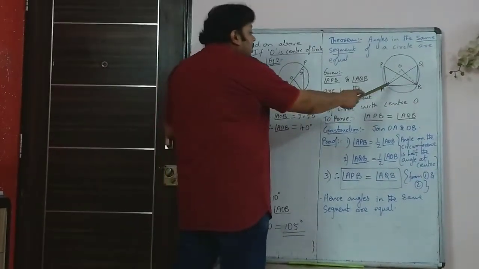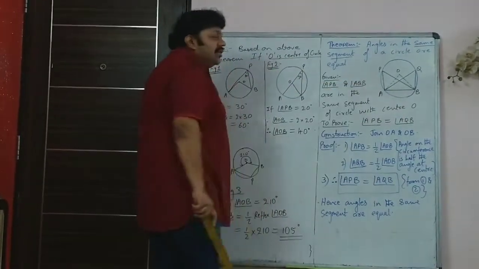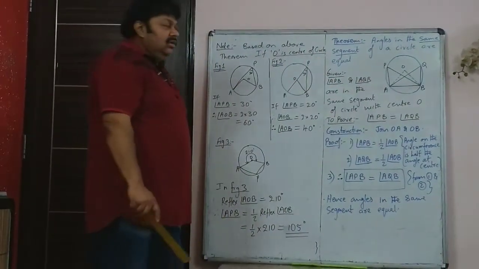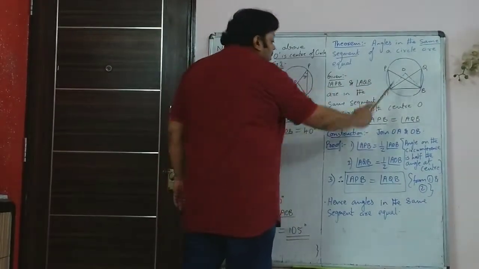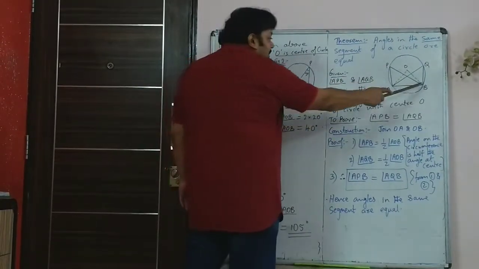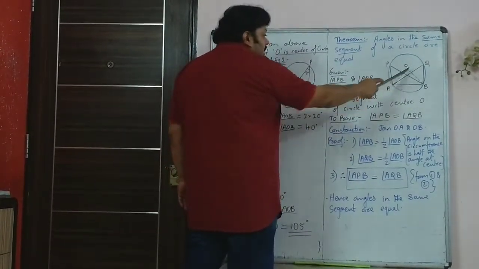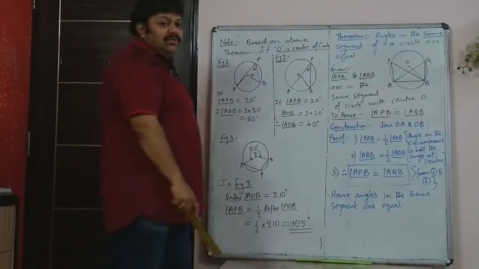So now here, by construction, join OA and OB where O is the center of the circle. Now from the first theorem, you can say that angle APB is half AOB. Angle APB is on the circumference and angle AOB is at the center and they are in the same segment.